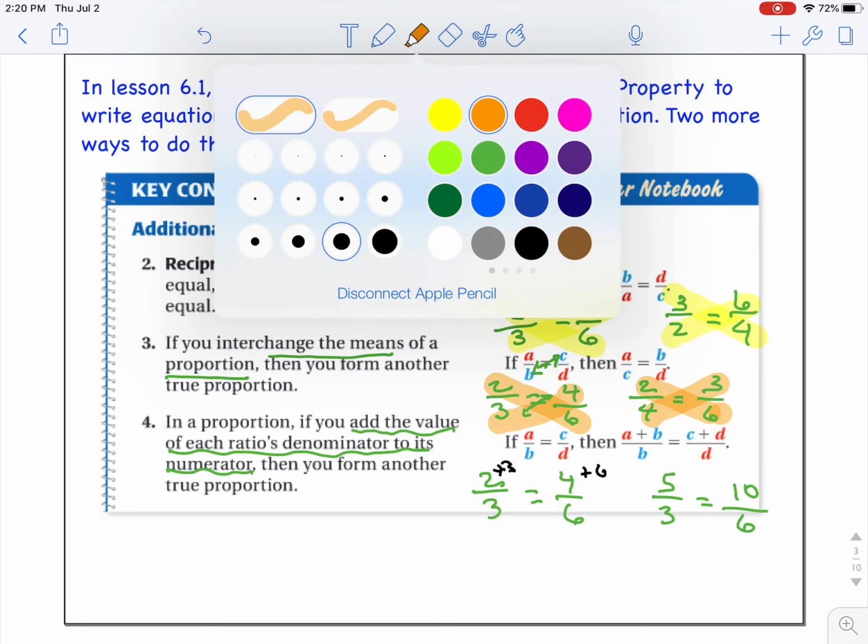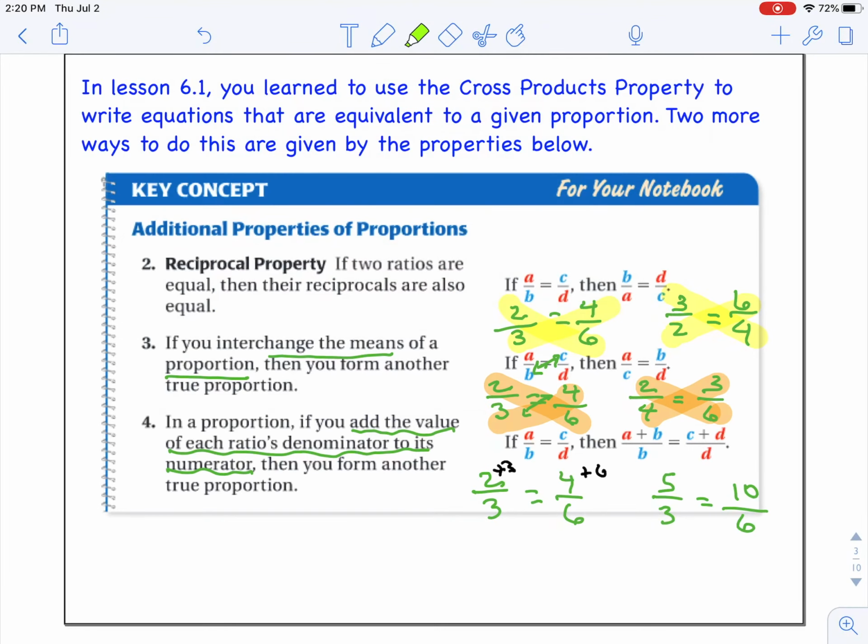Looking at the cross products, you get 12 and 12, and you get 30 and 30. They don't have to be the same necessarily, but 12 equals 12 and 30 equals 30. So you still get another true proportion.